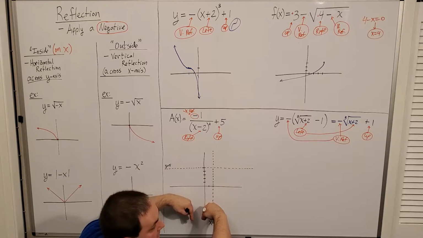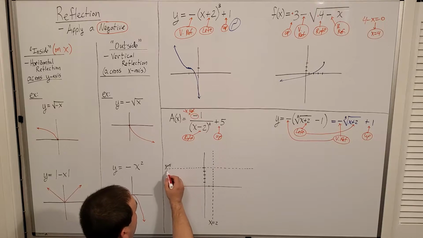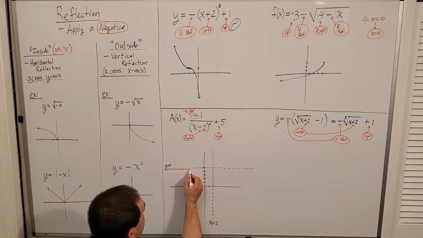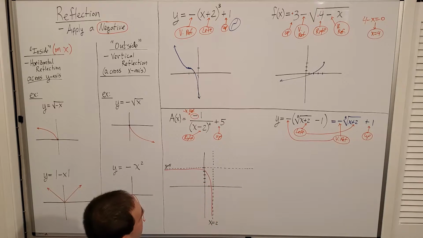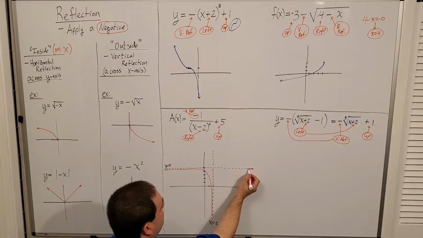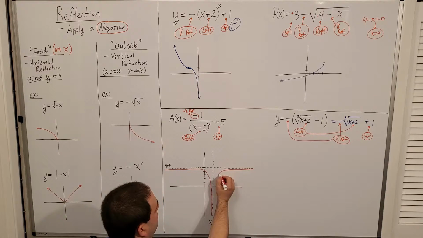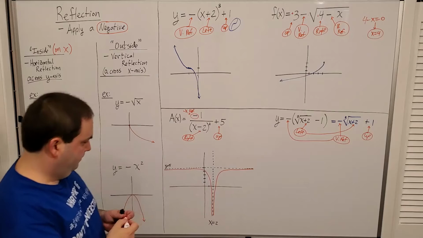So it gets reflected, and then it gets shifted here. So this is what I'm going to do. I'm going to hug it into this so that it hugs these lines. Same thing here. Like so. Okay?